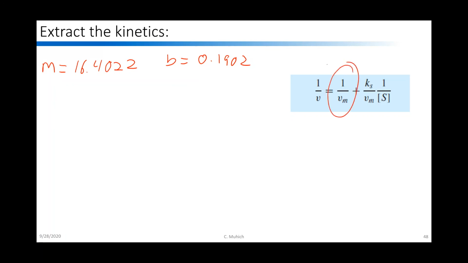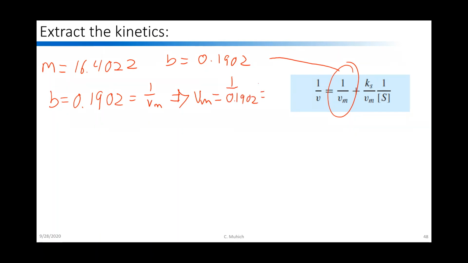This is easy because it sits all alone. This can be related to B. So B, which was 0.1902, equals 1 over Vm. Therefore, Vm equals 1 over 0.1902, which is 5.257.